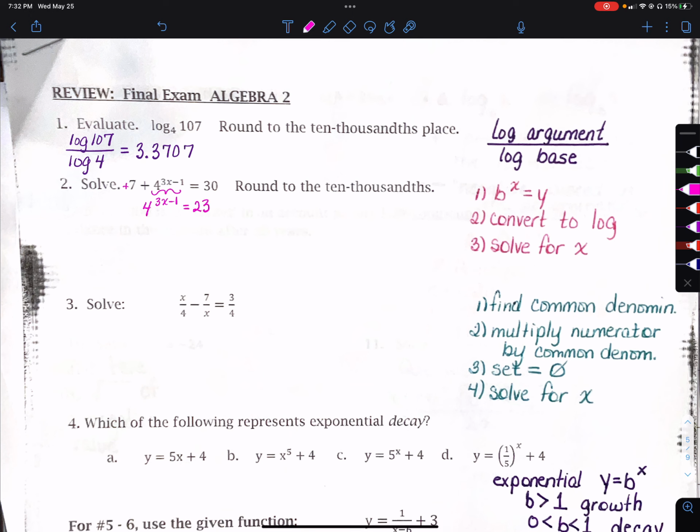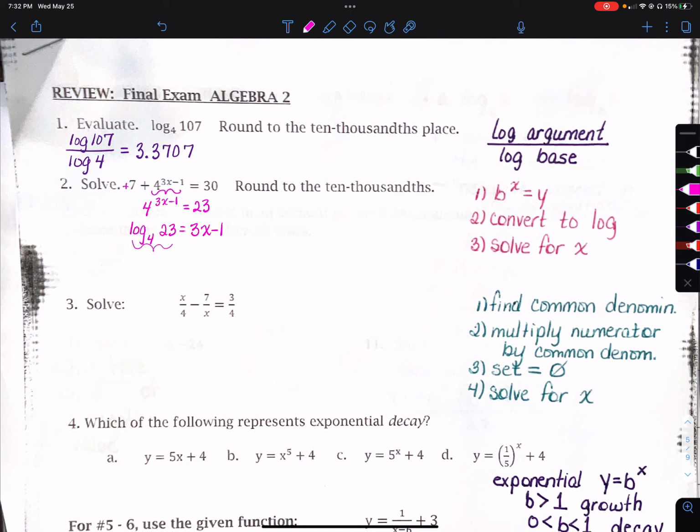Now, I need to change this into a log so that I can get that variable out of the exponent. So when we convert it to a log, I'm going to have log base 4 of 23 is equal to 3x minus 1.